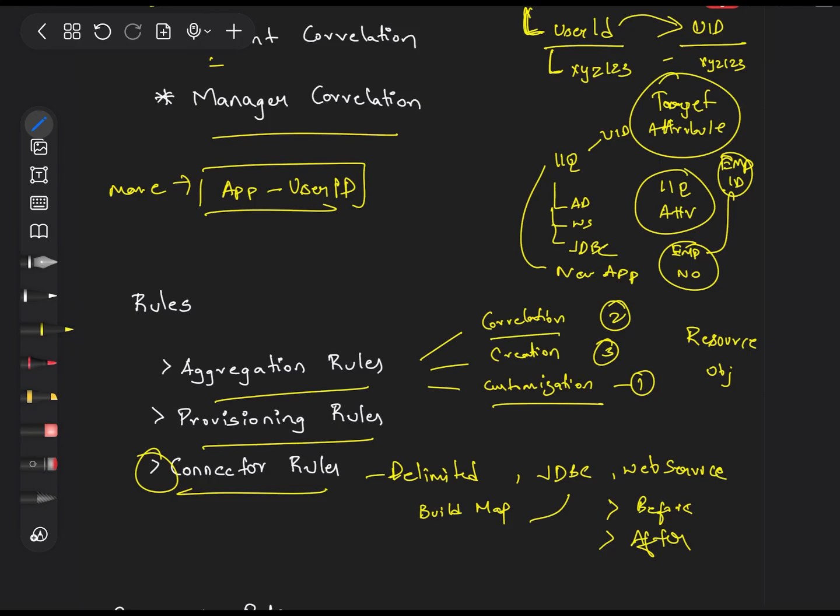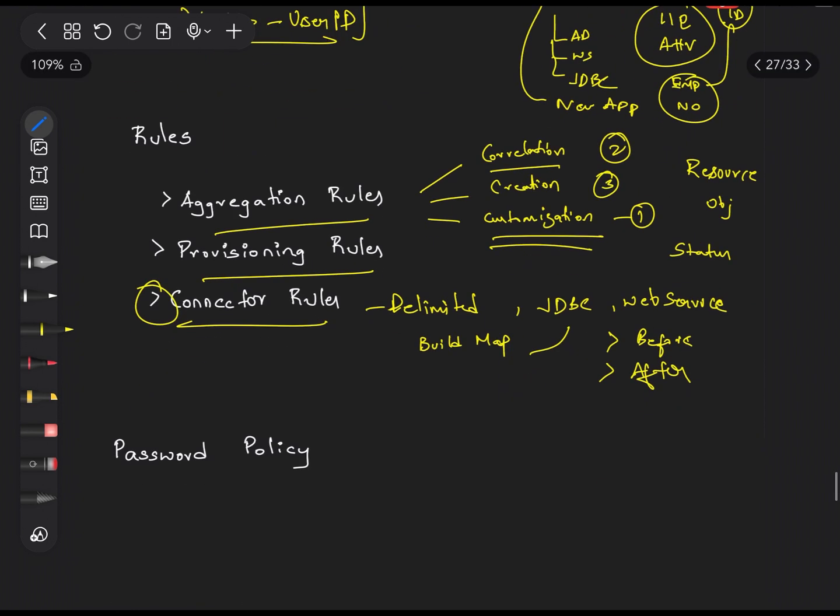Customization rule: if you want to customize any object based on any attribute, or add some extra attributes, the customization rule can be used in certain cases, like for delimited applications or web service applications. Based on the status of the user, if you want to disable, there is an attribute called IAQ disabled. So if you want to modify this based on any attribute, let's say if the user is active, it is shown as green, and inactive as red.